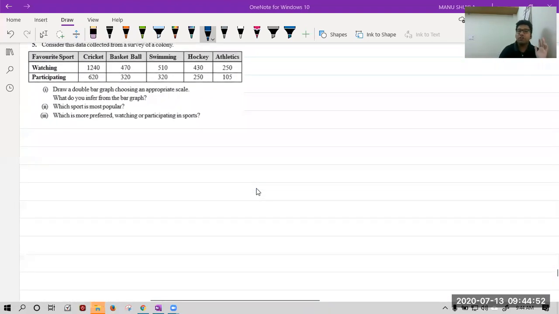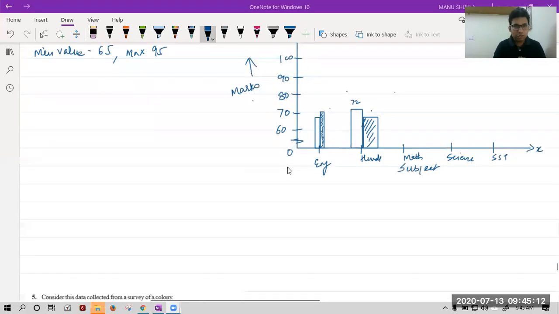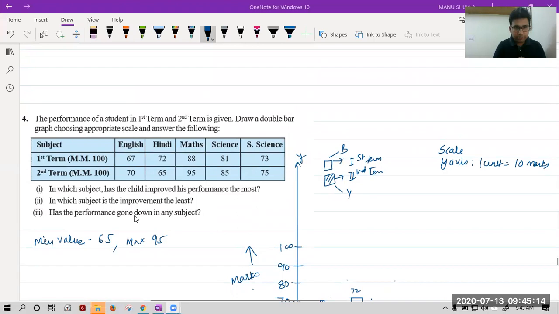Now, question 5. Those who had doubts, what should be the scale of question 5? Let's start. In this question, we have consider data collected from a survey. One second. Sir, answer is social science. Second part. Kavish same. One second. Second part is saying in which subject improvement is least.